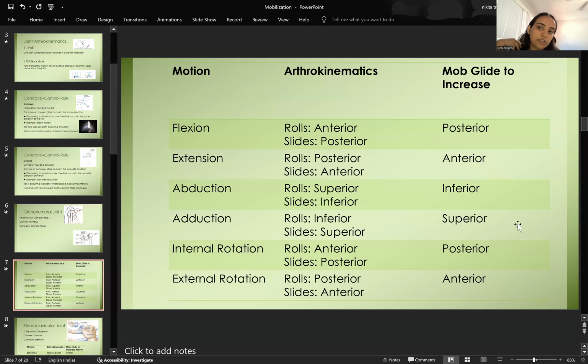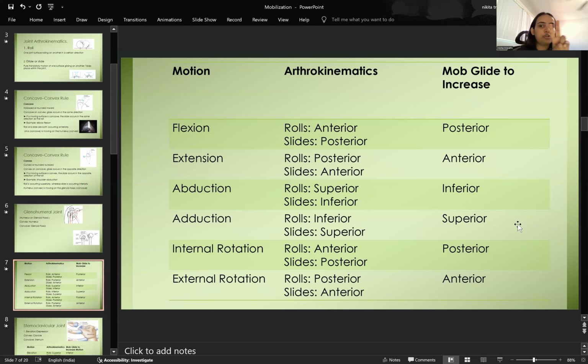Whether it is the shoulder joint, the movement happens at the glenohumeral joint. Whether it is a knee joint, the movement between the tibia and femur, the movement between the humerus and ulna, or radius and ulna, what happened? Think and then do the opposite. If it is convex, then opposite. If it is concave, same direction, the joint movement happens at the same level.